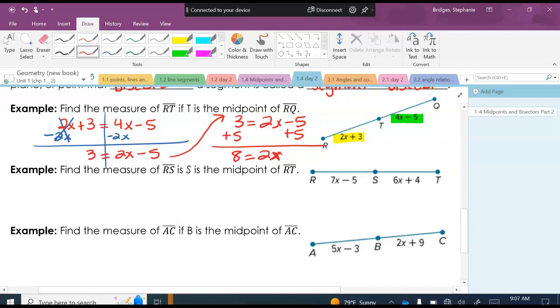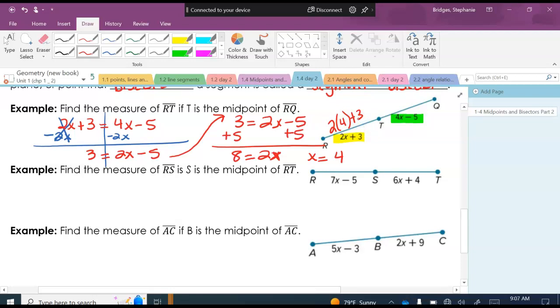And then if I divide by 2, what do I get? What does x equal? 4. Did they ask me to find x, though? No, wait, they want me to find RT. What is RT represented as? 2x plus 3. So we just plug that in. 2 times 4 plus 3.